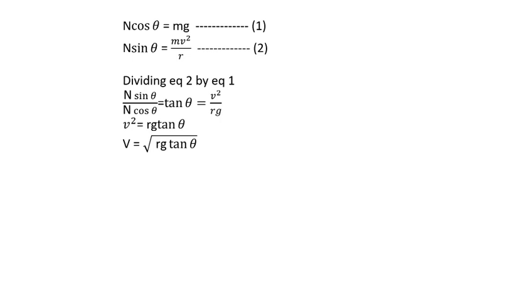Therefore, v square is equal to rg tan theta, or v, that is the most safe speed, is equal to root of rg tan theta. So it must be very clear to you that this most safe speed is independent of the mass of the vehicle.